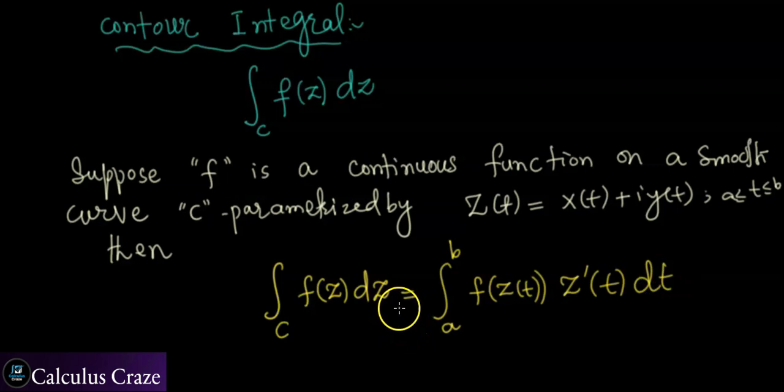So if you wish to calculate the complex integration of a complex valued function with respect to a complex variable on a contour, then all you have to do is compute this integral. And of course this integral looks like the integral of a complex valued function with a real variable.